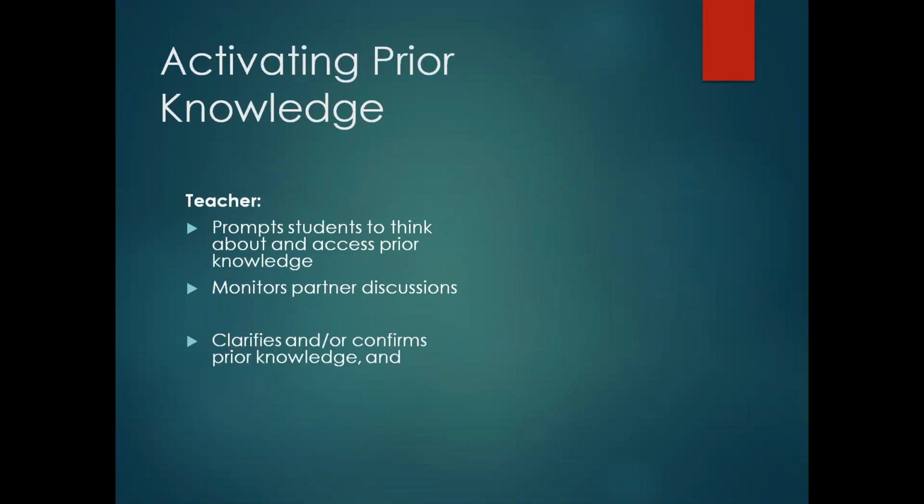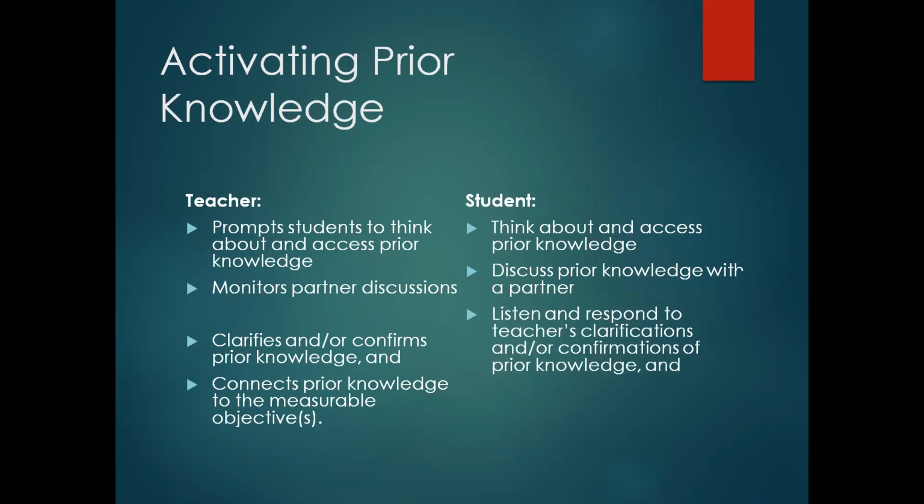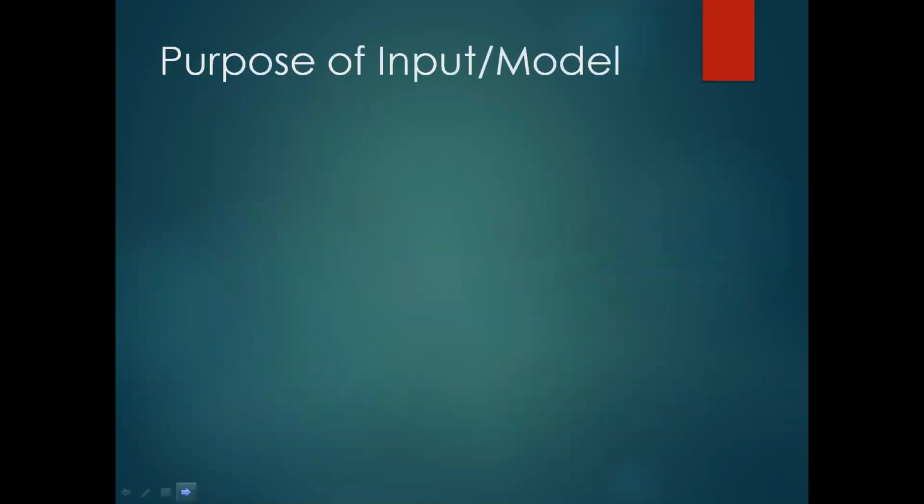You're going to monitor, clarify, confirm, and connect prior knowledge to the measurable objective. Students are going to be thinking, discussing with partners, listening and responding to your clarifications, and connecting to the measurable objective. Ensure that student engagement through continuous checking for understanding is happening at every stage starting now, okay? Every stage, check for understanding.